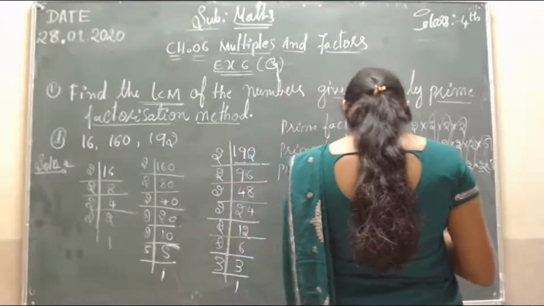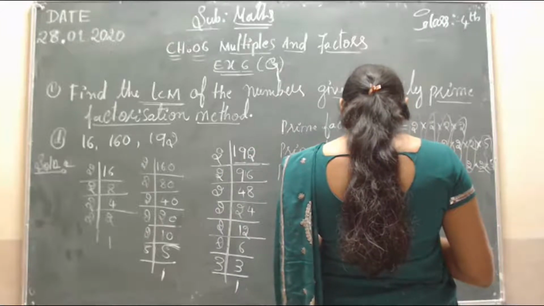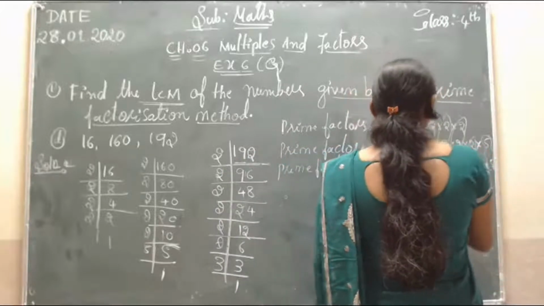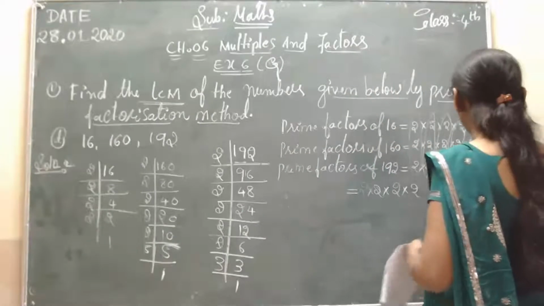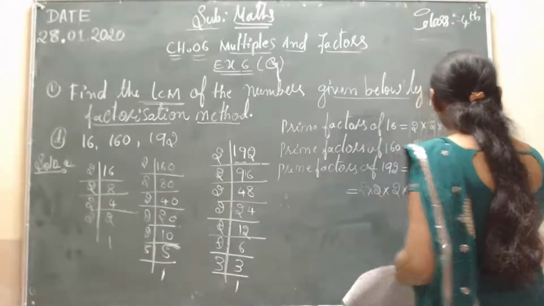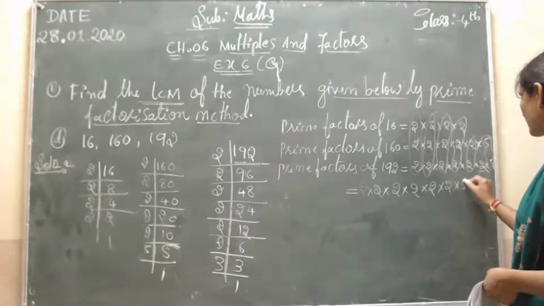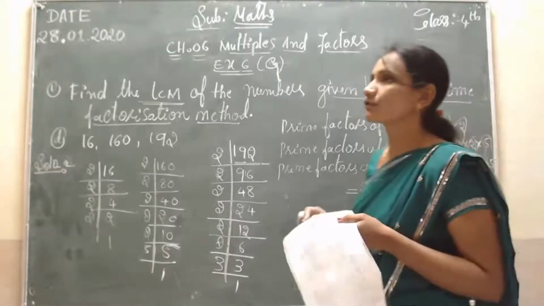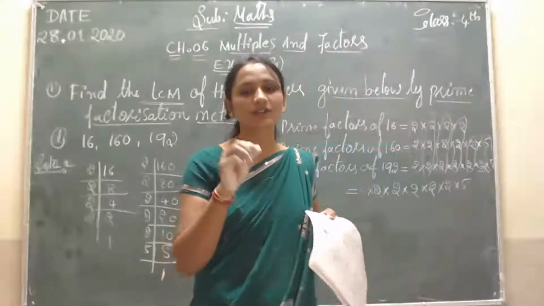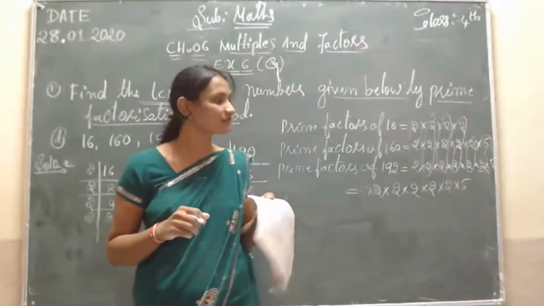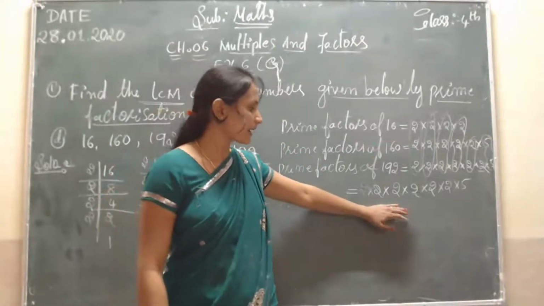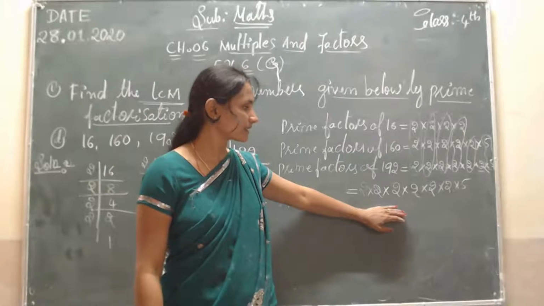So now see next. So 1, 2, 3, 4, 5. Again 2 is remaining, so that also you write. So the last is 5 and 5. So we have to consider there is one factor. Students, how many times does 2 occur? So 2 occurs 6 times.